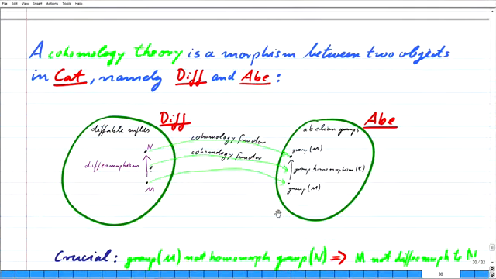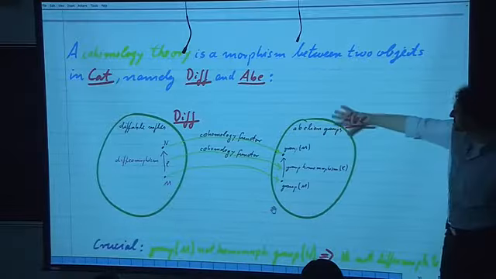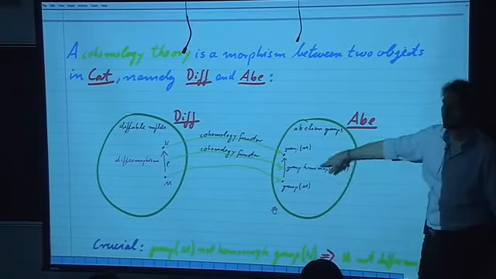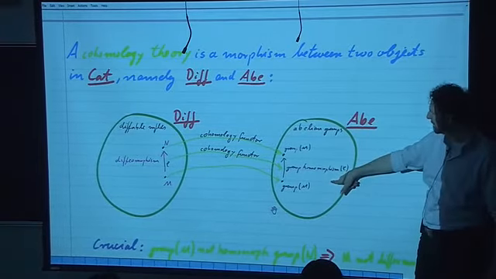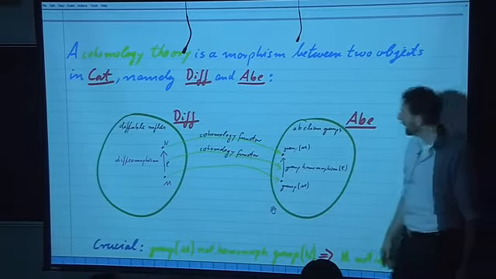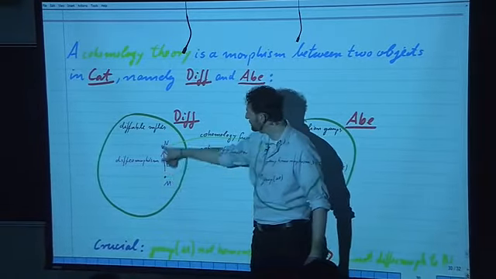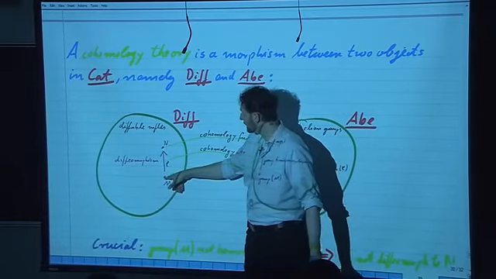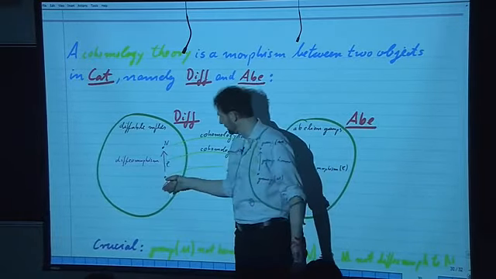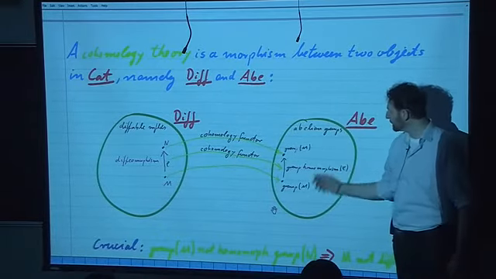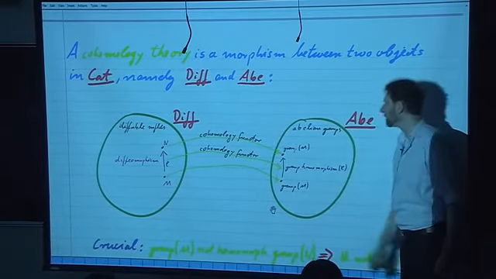This is one differentiable manifold, that's another differentiable manifold. Here's the category of abelian groups, of commutative groups, full of objects, each object being a commutative group. And between differentiable manifolds, there are arrows, diffeomorphisms. If there is a diffeomorphism between two manifolds, then it will be an arrow. And when two groups have a homomorphism between them, then we draw an arrow.